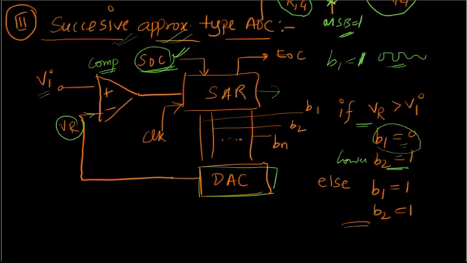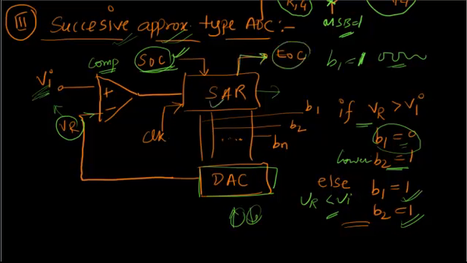And what happens if VR is less than Vi? This means our assumption is lower. So what we have to do, we have to increase our assumption. So B1 is anyway 1 according to our assumption, and now next bit also we'll make 1 because we want to increase the value of our assumption. In this similar way, we'll keep on incrementing or decrementing depending upon our Vi value, and finally when these two are equal, this will give end of conversion pulse.